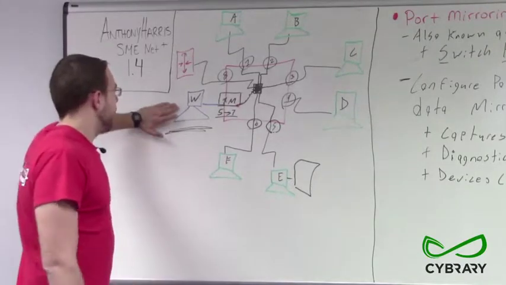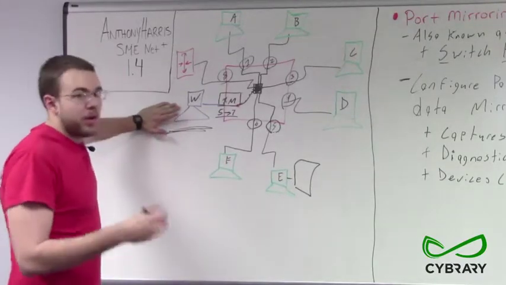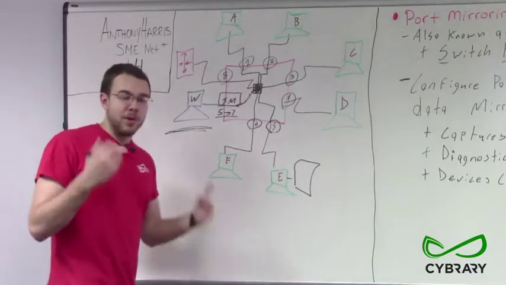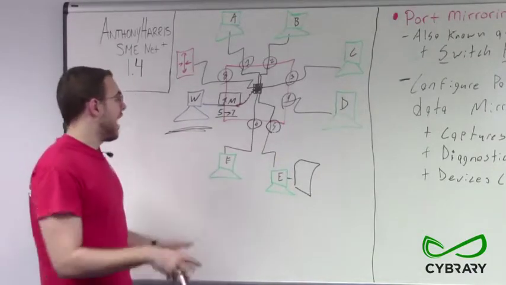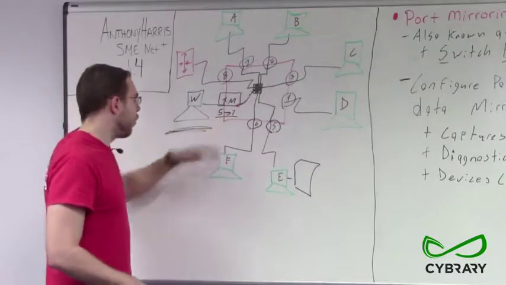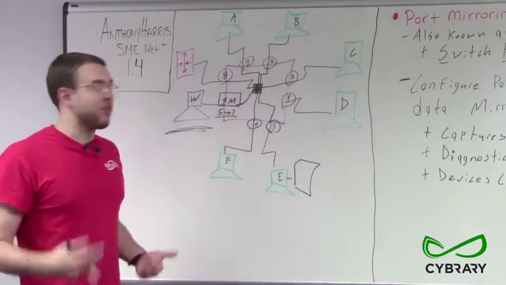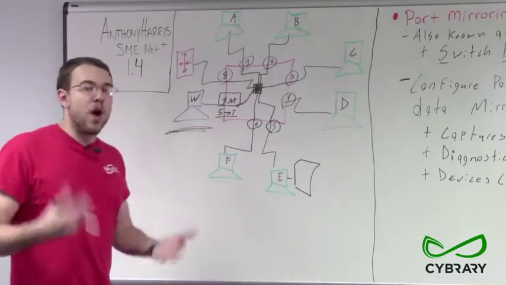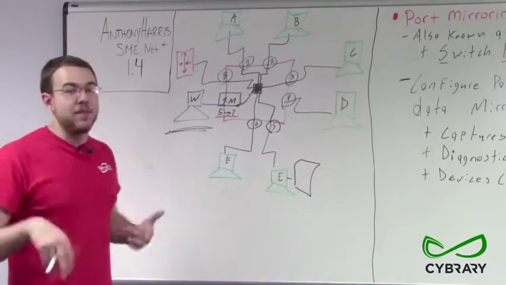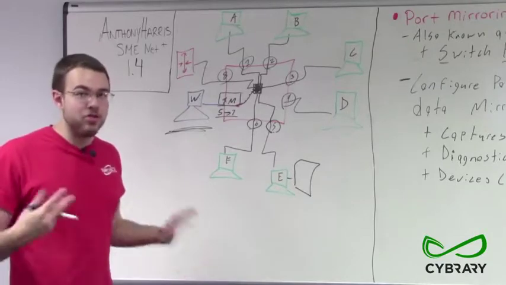Now, just because we're setting up a span port doesn't mean that our network is going to slow down. If we have a lot of traffic going to our span port, the only downside that we'll really see is that our span port may drop some packets if it's having too much data pushed to it.